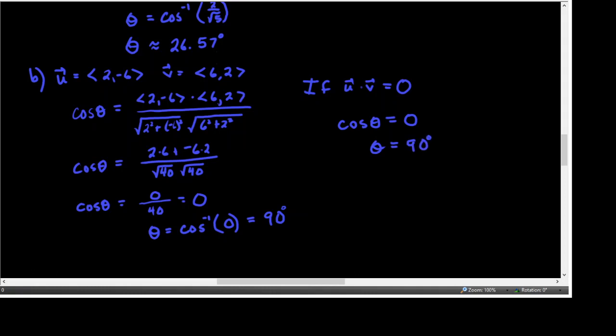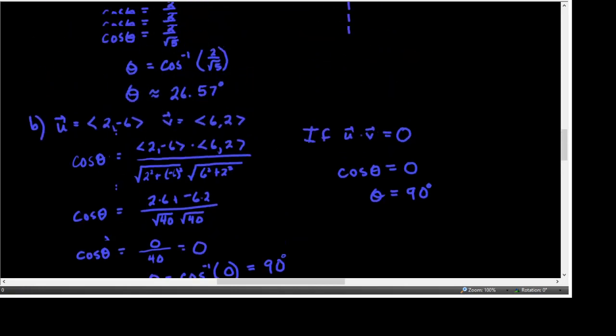So you can tell if they're at a right angle because their dot product is 0. That's kind of a nice result to keep in your hat. It's kind of nice. So for angles between 0 and 180 degrees, let's see what's possible.